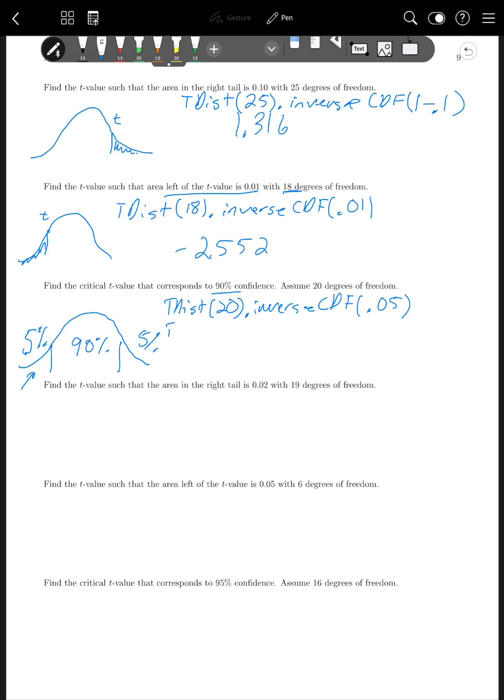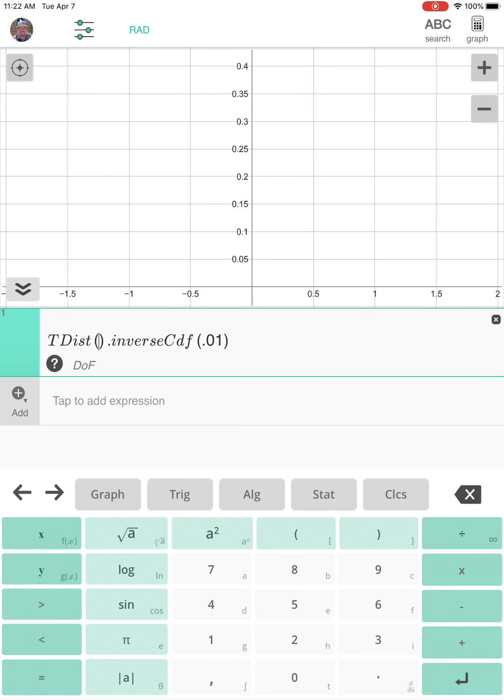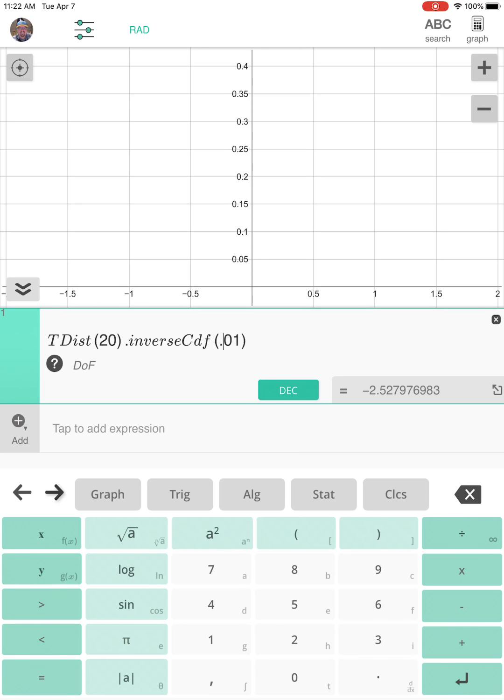So if I want to find the t values that correspond to that, I need to do t distribution of my degrees of freedom, which is 20, dot inverse CDF of 0.05, which will give me the one on the left. That'll give me this number over here.